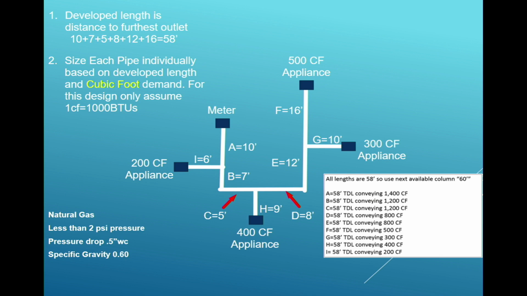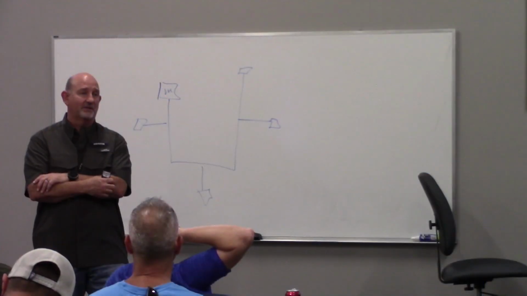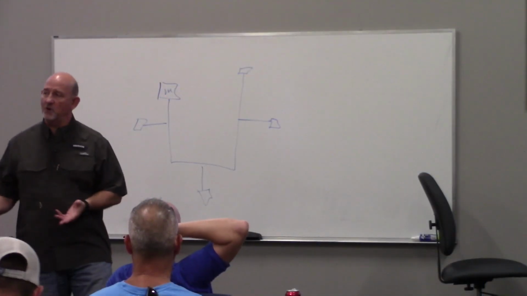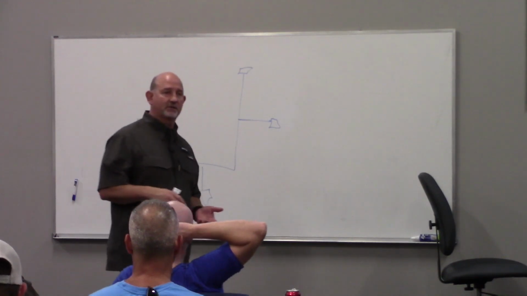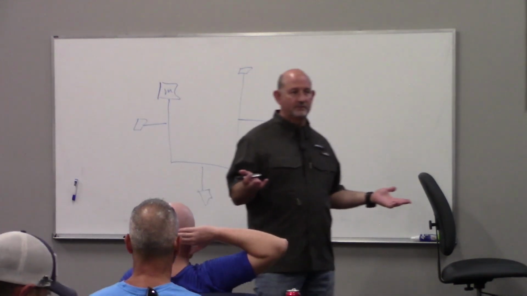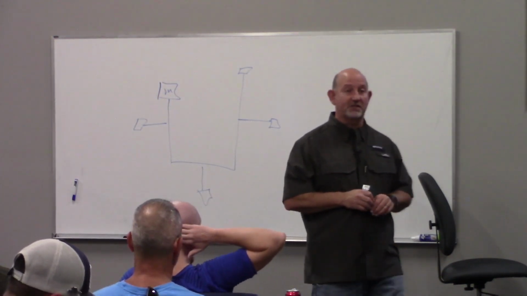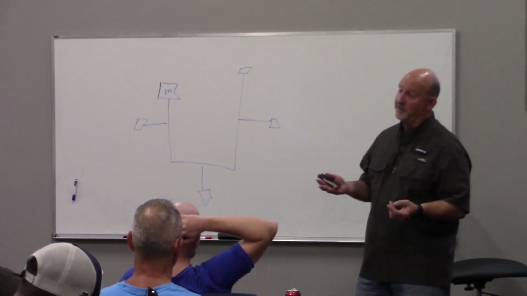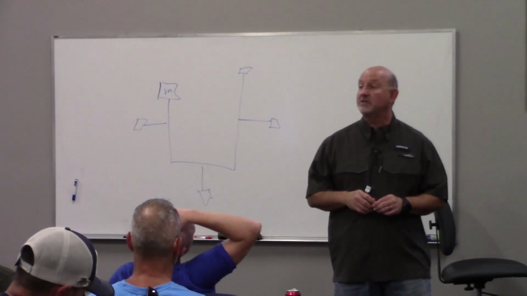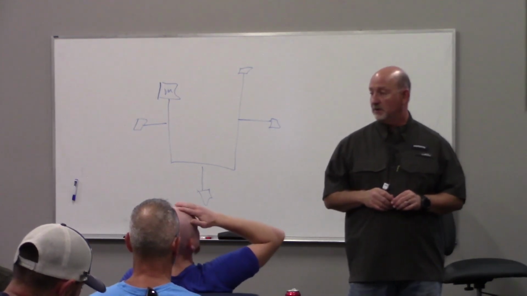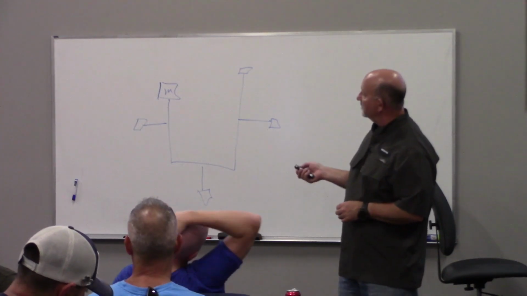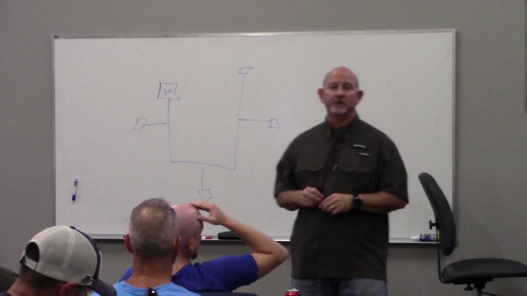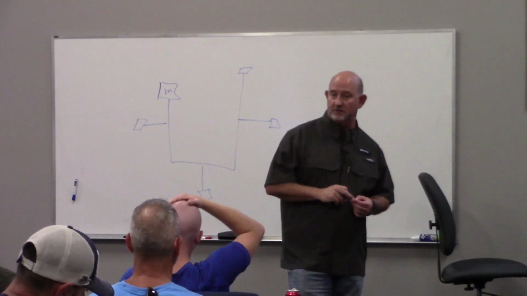You guys okay with this? I think of all the sizing, gas pipe's actually one of the easiest to size. Really, the only thing you can do wrong here is be on the wrong table. Beyond that, the table's pretty self-explanatory. The only other thing you might do wrong is use BTUs instead of cubic foot. Because if I did this by BTUs, that would be 1,400,000 BTUs.